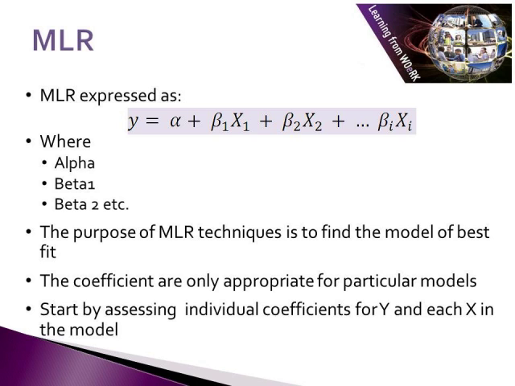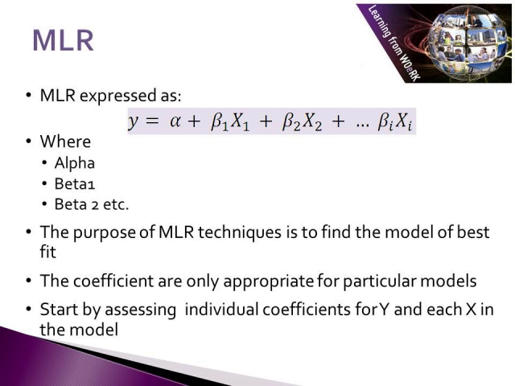Now, multiple linear regression is expressed in the same way as simple linear regression, except we've just got as many beta x combinations as we want. So where we have alpha, then we have beta 1, beta 2, beta 3, depending on how many different independent variables we're going to be looking at.